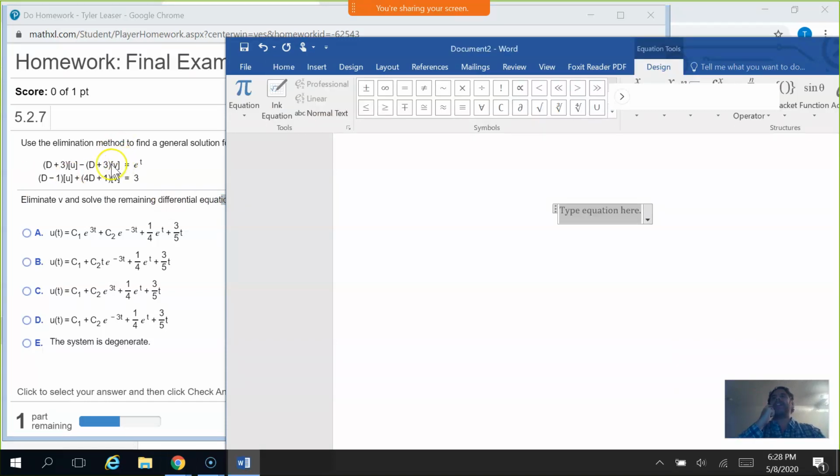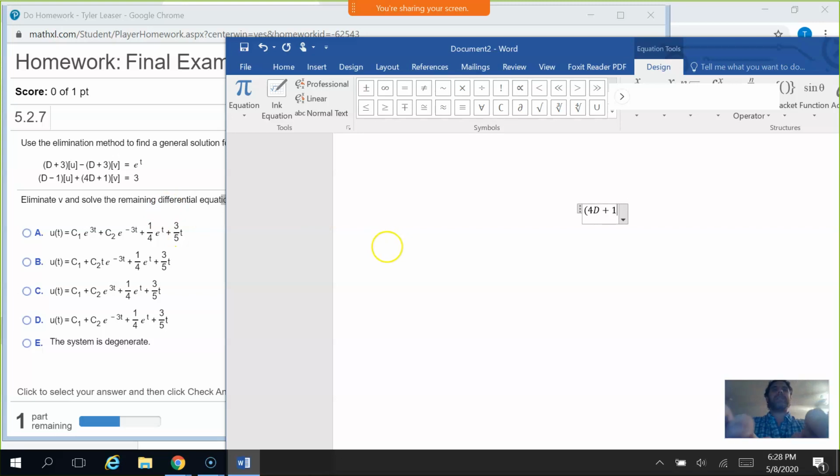If I wanted to eliminate the v's of these equations, then they have to be the same operator. So for this first equation, it is missing the 4D plus 1. So I'm going to multiply the operator 4D plus 1 onto the entire first equation.